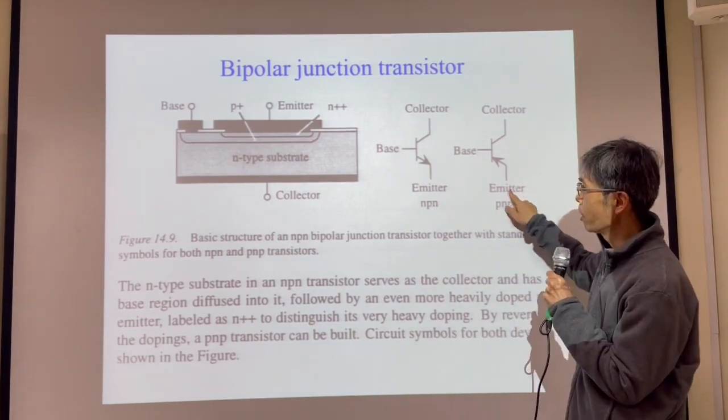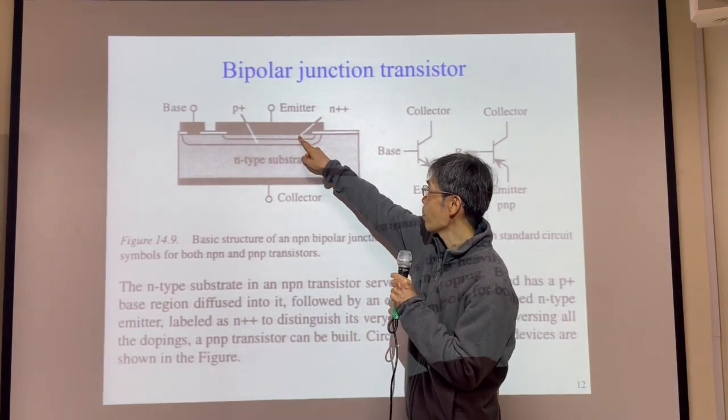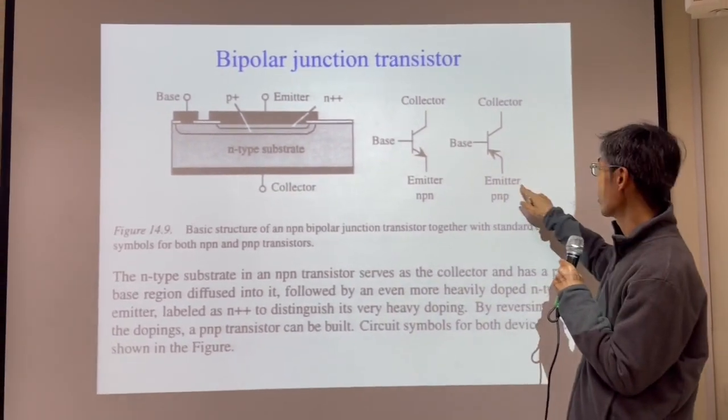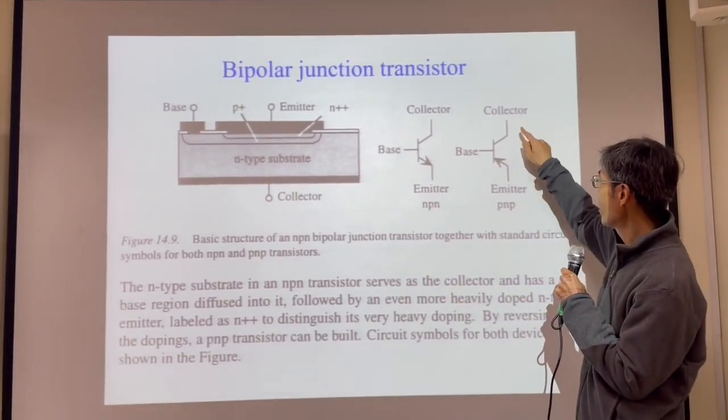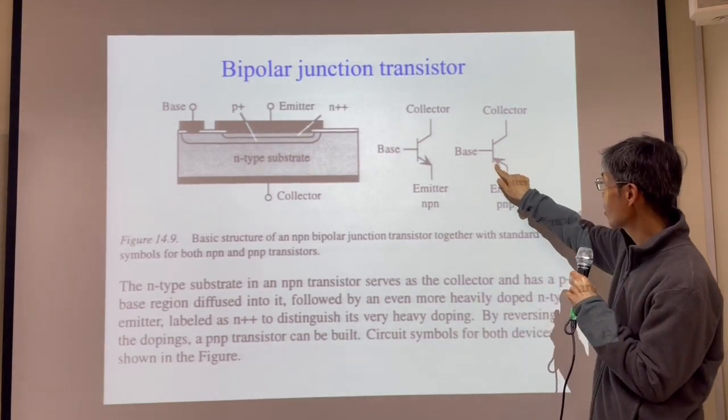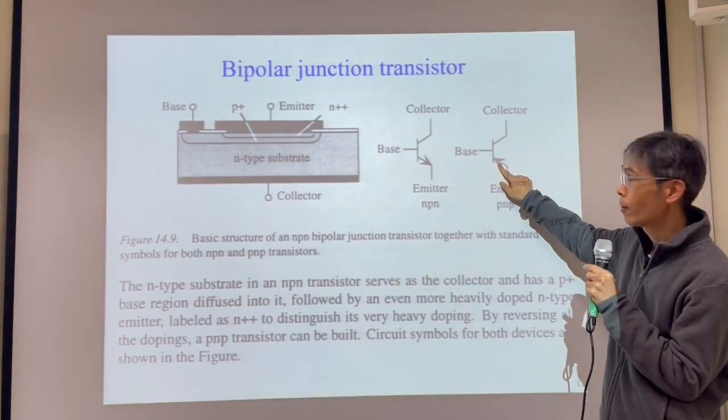And for this one, if this is P++, N+, P-type, we create a PNP. So look at this arrowhead.